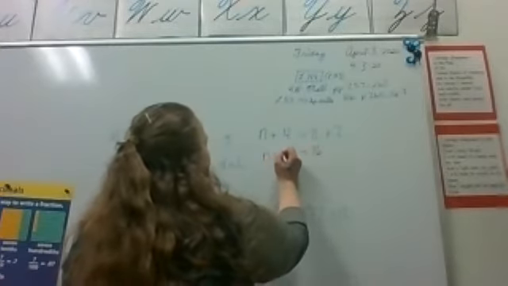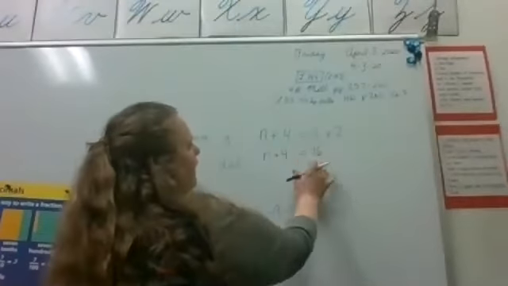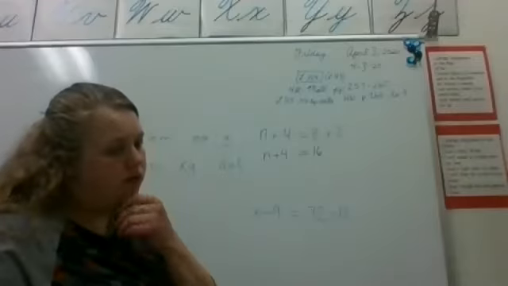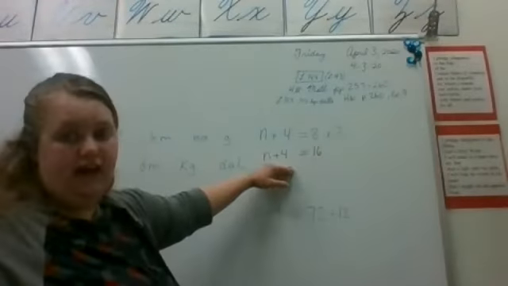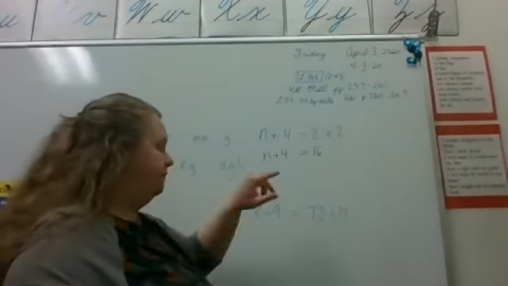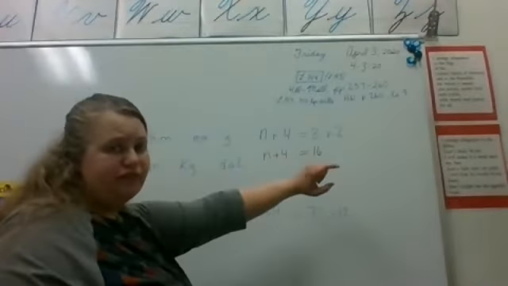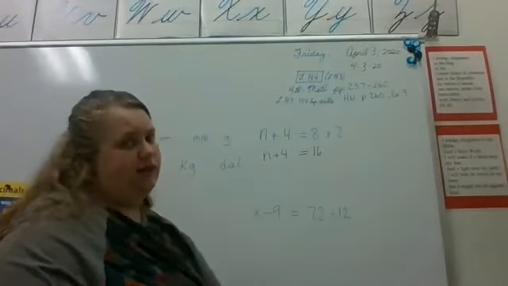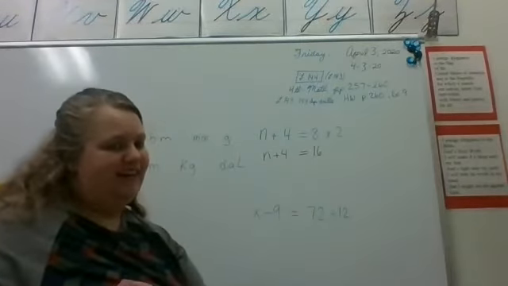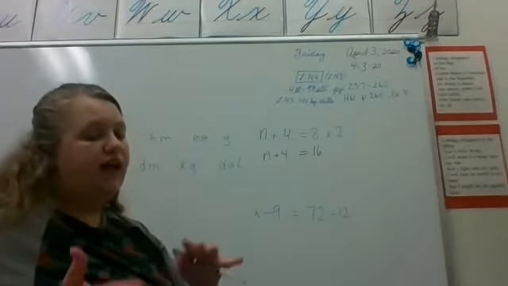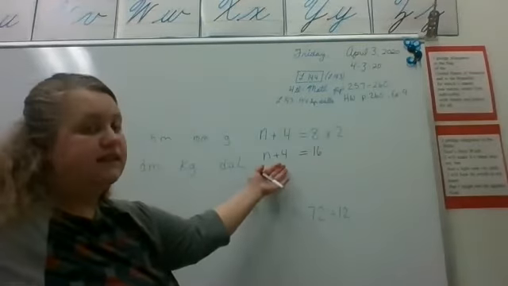So over here we have N plus 4 still, and we have 16. We want to get N all by itself, so we need to take this 4 away. If we're adding the 4, how could we get to 0? If we do the opposite of adding, we'll get to 0.